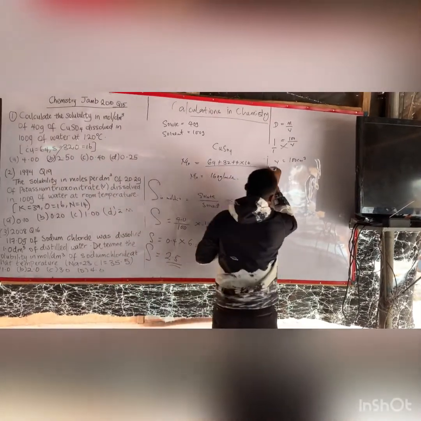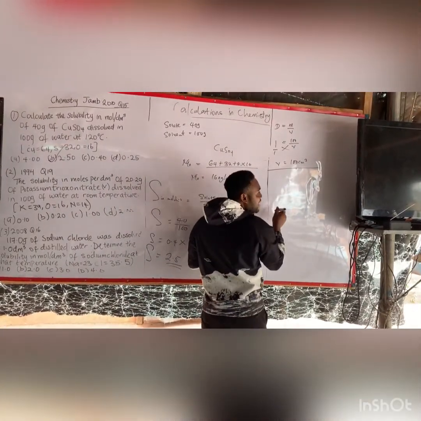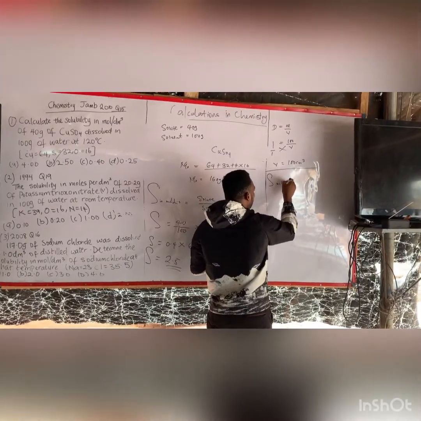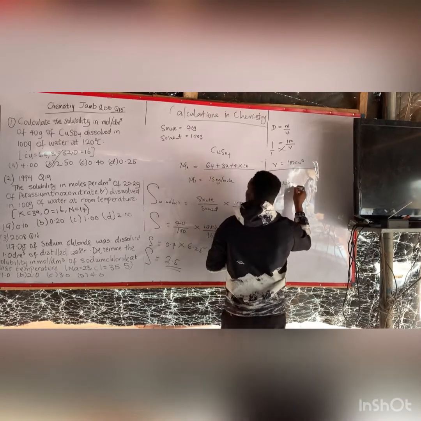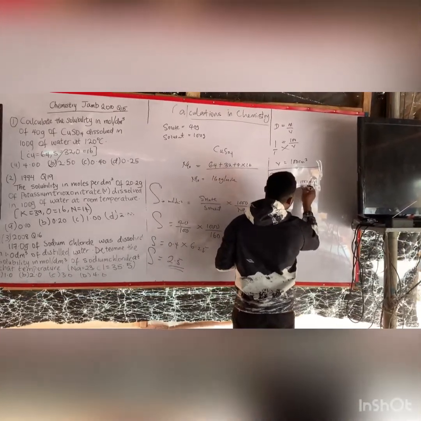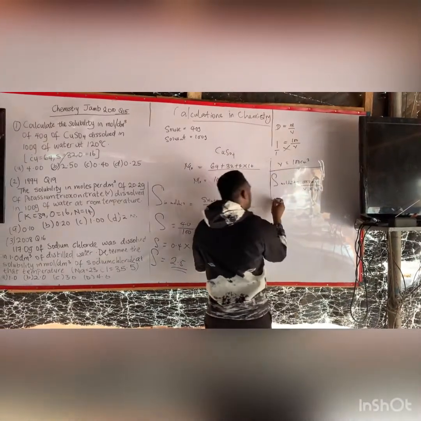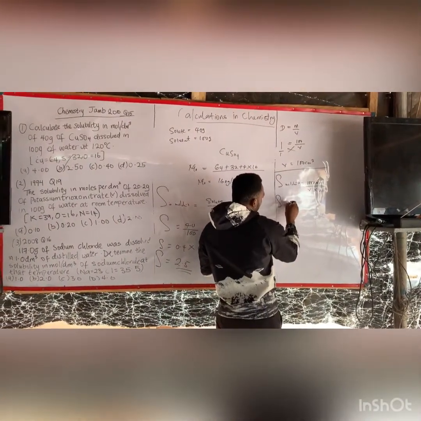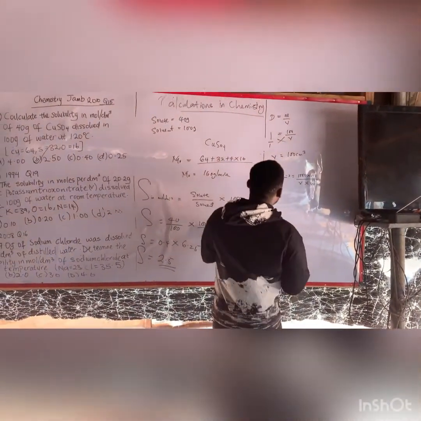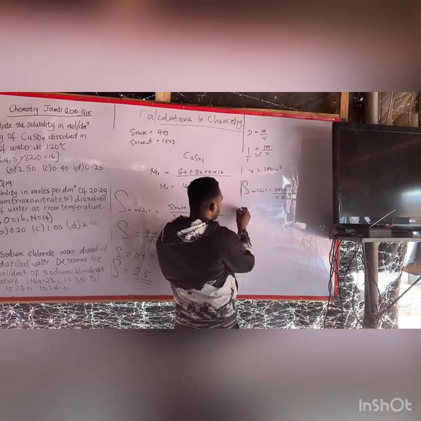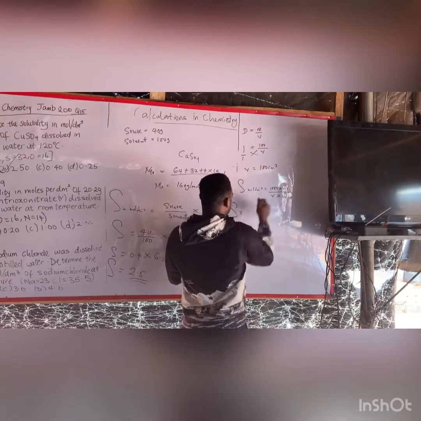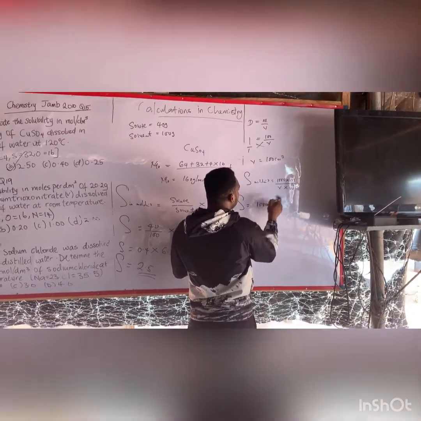If we use that for the first formula, it says solubility in mole per dm cube is equal to 1000 times mass of solute over volume times molecular weight. So if we do that, our solubility is going to be equal to 1000 times, what's the mass of solute?